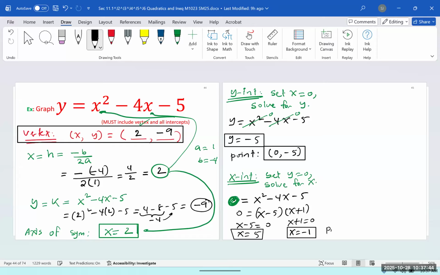So point. How would you write x equals 5 as a point format? (5, 0) and (-1, 0). In the final exam, it will be 3 points, 3.5 points, one question.